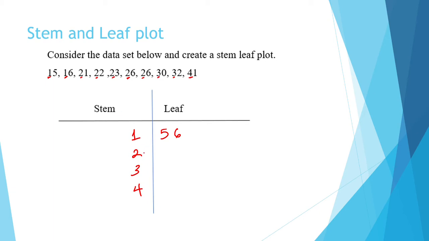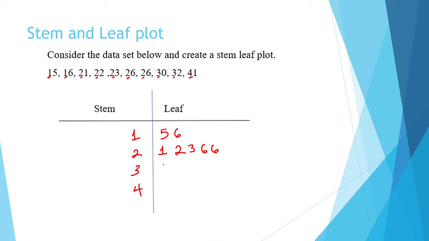The stem is 2 and the leaf is 1. 22. The stem is 2 and the leaf is 2. For 23, we have the leaf is 3. 26 appears twice, so we have to represent 2 leaves with 6 and 6.